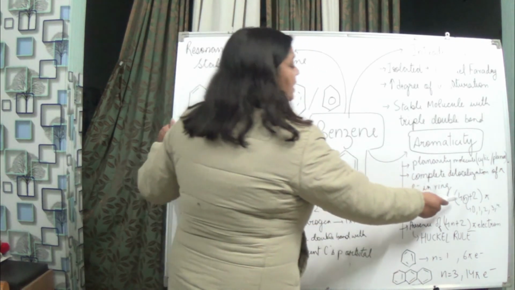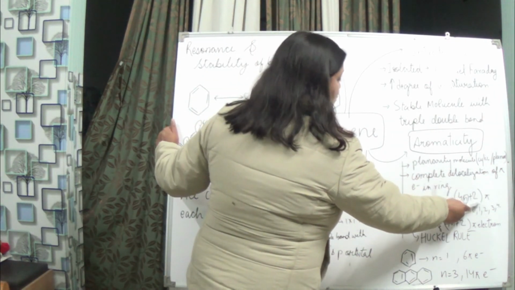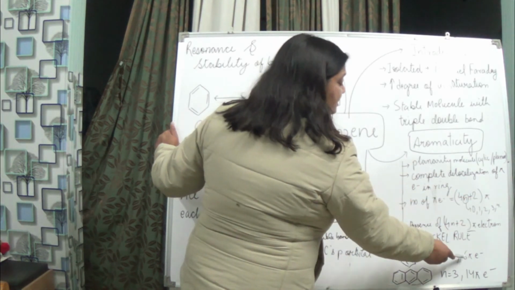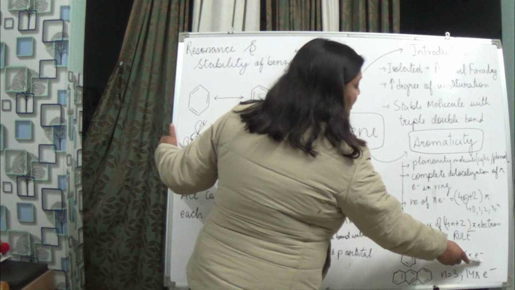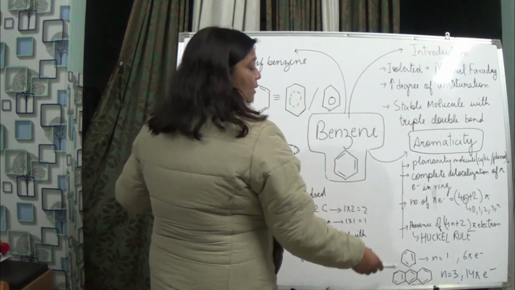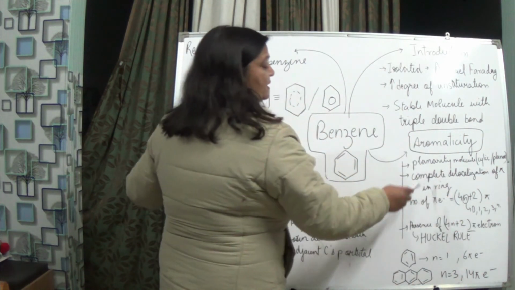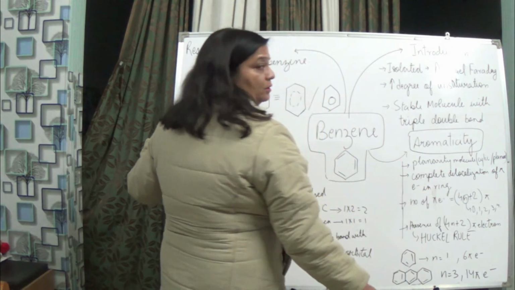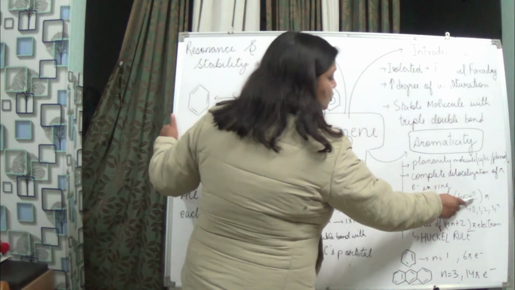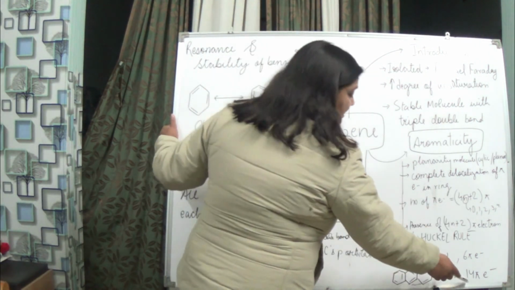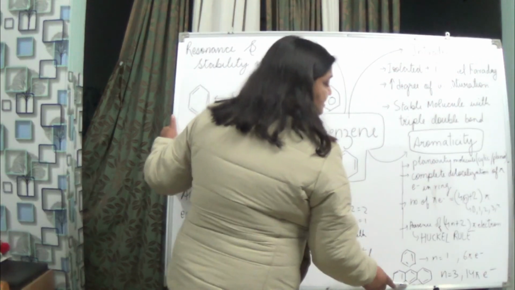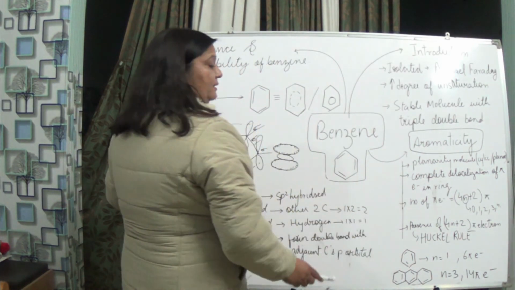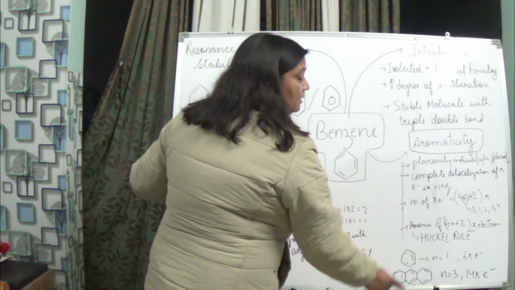So 4 into 1 plus 2: 4 into 1 is 4, plus 2 becomes 6, consisting of 6 pi electrons. Now if n is 3, 4 into 3 is 12, 12 plus 2 becomes 14 pi electrons in this case. So they show aromaticity, and they follow the Huckel rule.